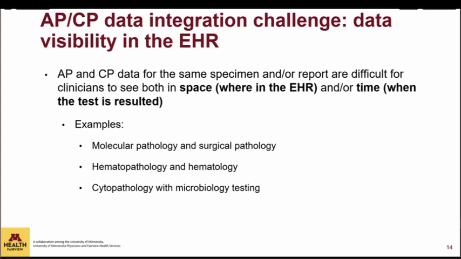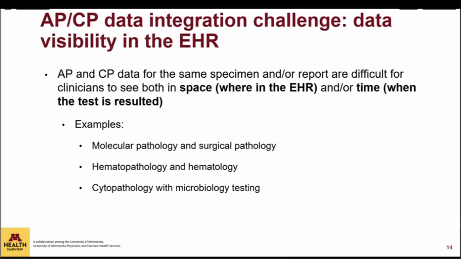AP and CP, when the tests are built separately as AP and CP, because of how I talked about they're viewed in different parts of the chart, that makes it more complicated. But this can also be an issue even for CP tests from different labs together, or AP, vice versa.